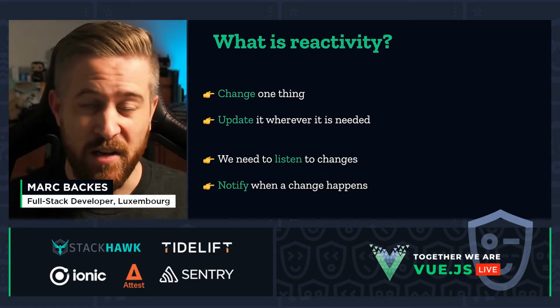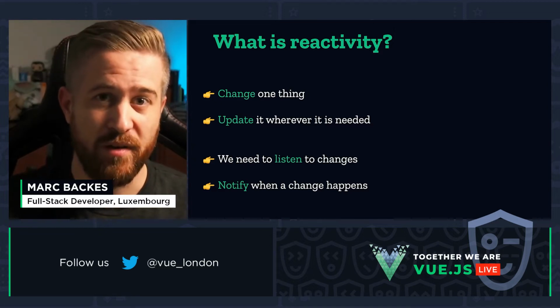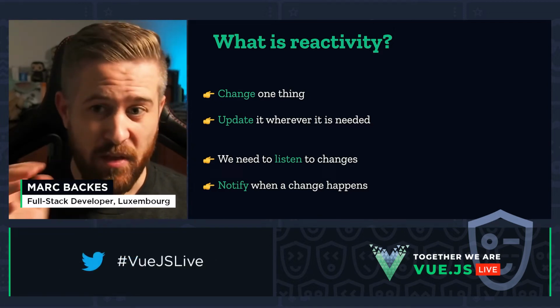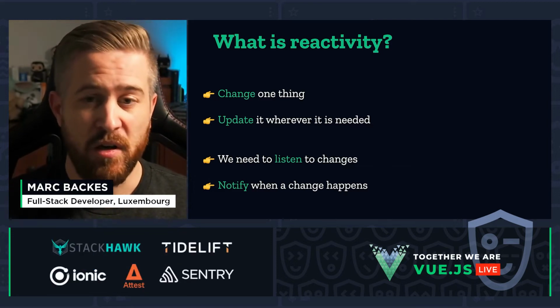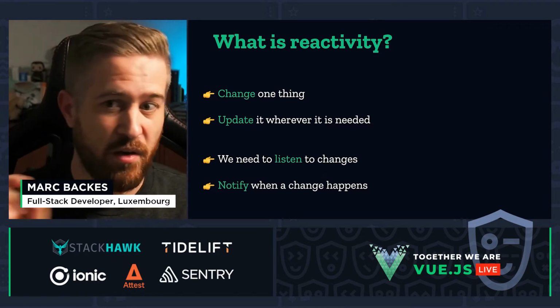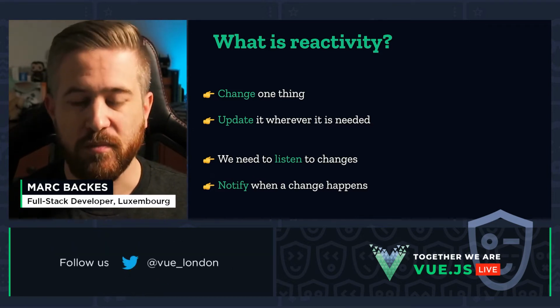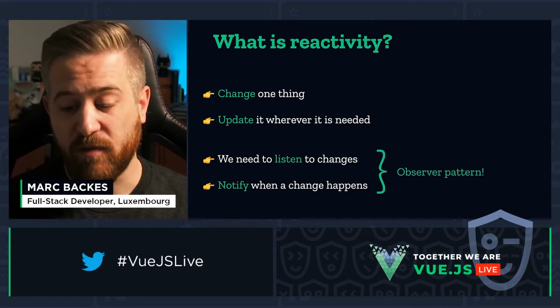So we can do something called an effect, a side effect, something that should happen when something changes. For example, a number value changes from 3 to 5, so the slider has to be in another position. This is the observer pattern.